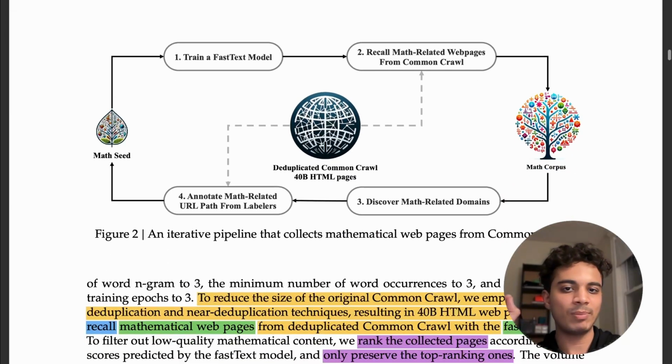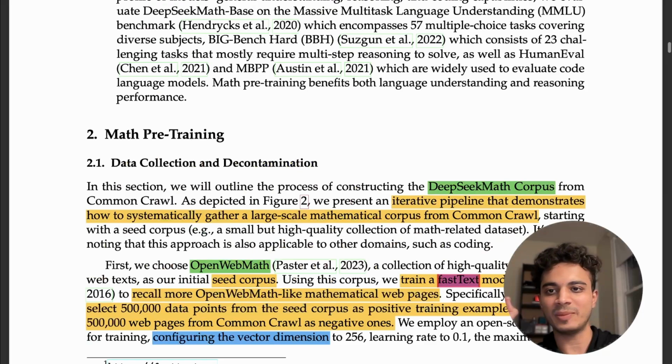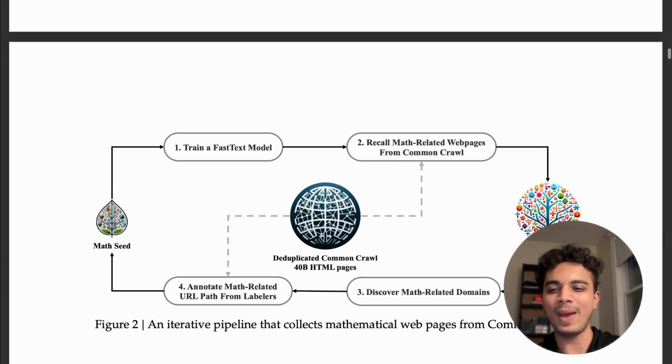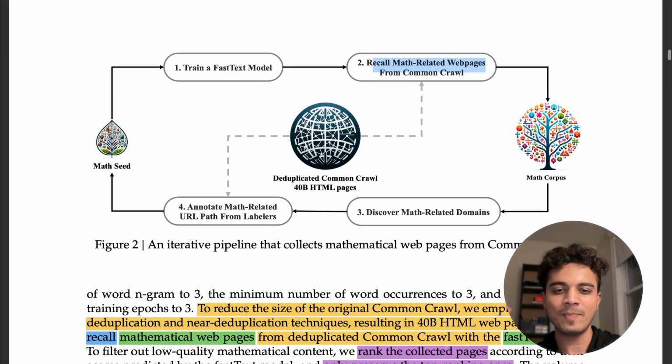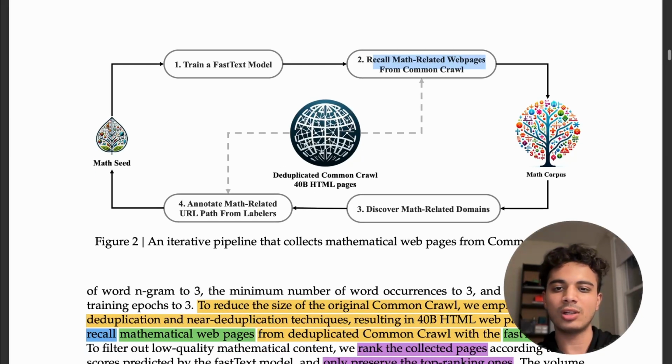And this is the pipeline that they are talking about. First, there is this math seed, the OpenWebMath dataset. They train a fastText model out of it and recall math related web pages from Common Crawl and deduplicate the Common Crawl 40 billion HTML pages, which is quite a lot.